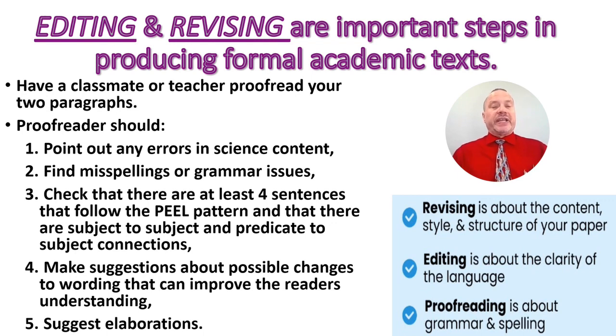Look and make sure that they have repeated subjects or predicate to subject, zigzag type connections in their paragraph. 4, make suggestions about possible changes to wording that might improve the reader's understanding. And 5, help them create elaborations, particularly for the example and the explanation.